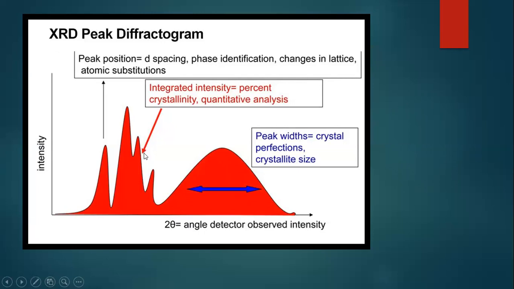When we go to the intensity, it is equal to the percent of crystallinity and the quantitative analysis. And the peak width is equal to the crystalline preferences and the crystalline size we have here.